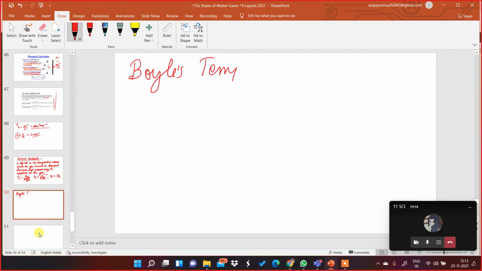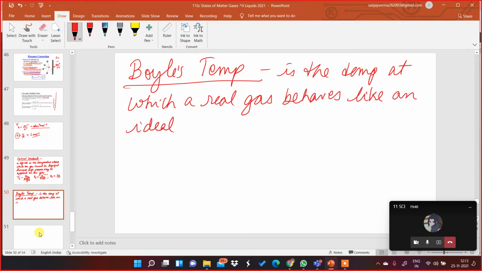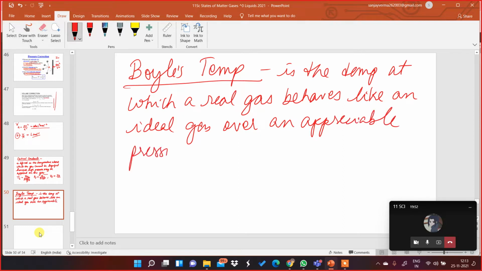Boyle's temperature is the temperature at which a real gas behaves like an ideal gas over an appreciable pressure range. So this is the definition of Boyle's temperature.